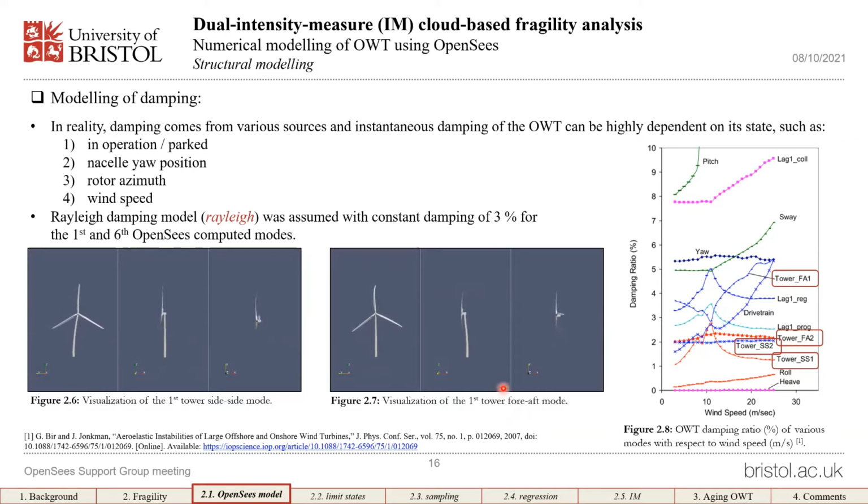It is clear that the significant drag from the air has contributed a lot to the high damping value of the wind turbine in this particular direction, as shown here. So given the degree of simplification in other aspects of our fragility assessment oriented numerical model, we have chosen to use 3% Rayleigh damping in line with some of the previous studies.